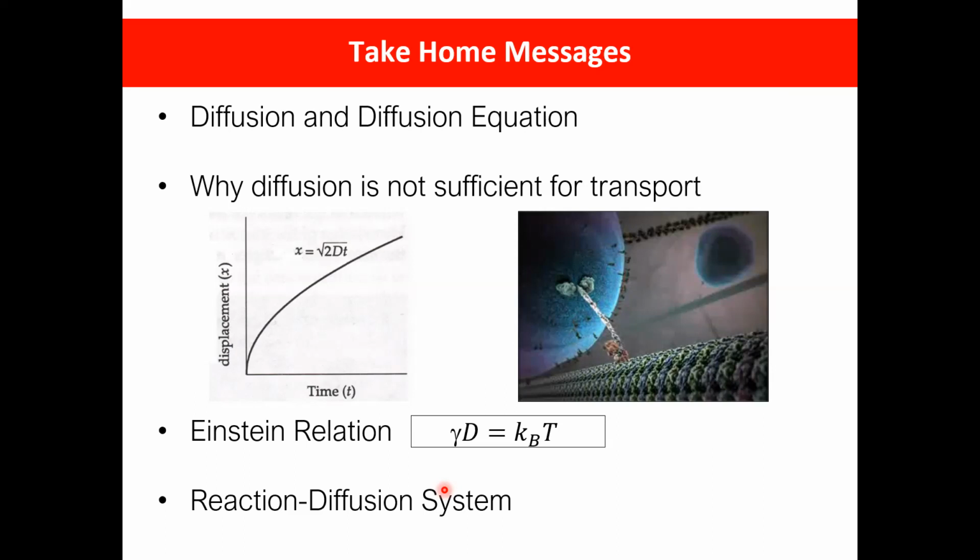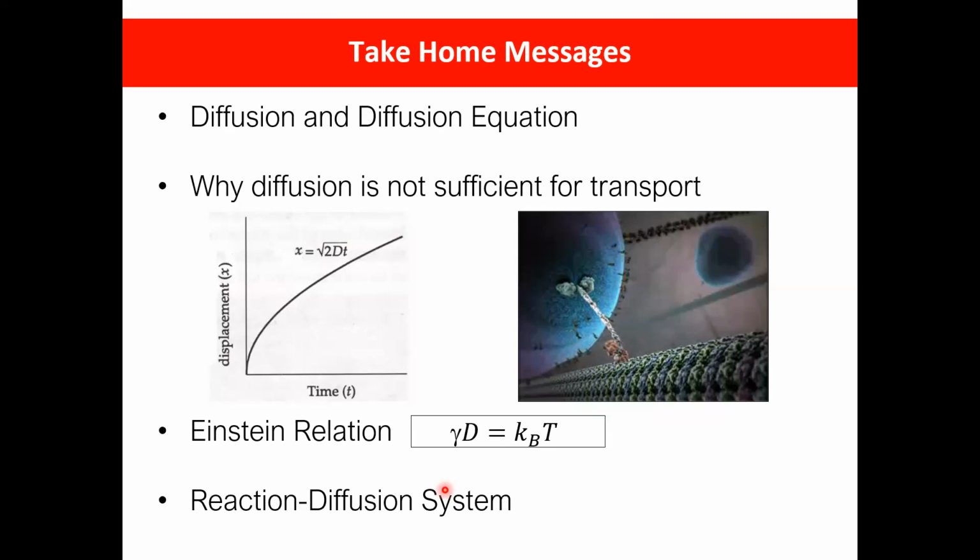One of the important things which I told you was that this theory of Brownian motion by Einstein gave a very strong support to the notion that atoms and molecules exist, because in the year 1905 it was still debatable whether atoms and molecules exist or not. And using the Einstein relation in 1905, one could calculate the Avogadro's number.